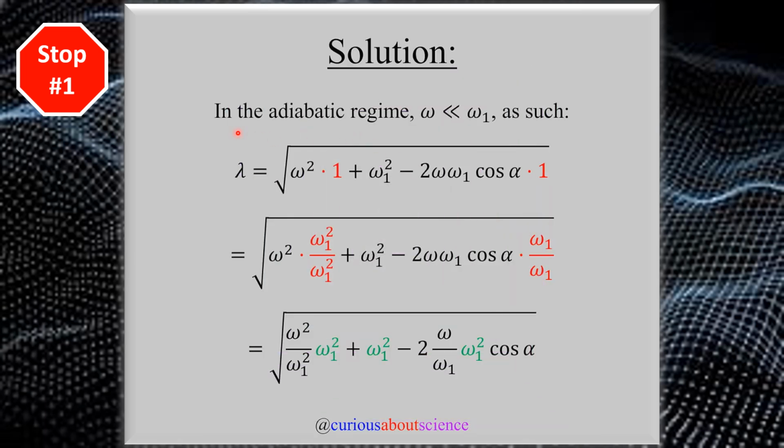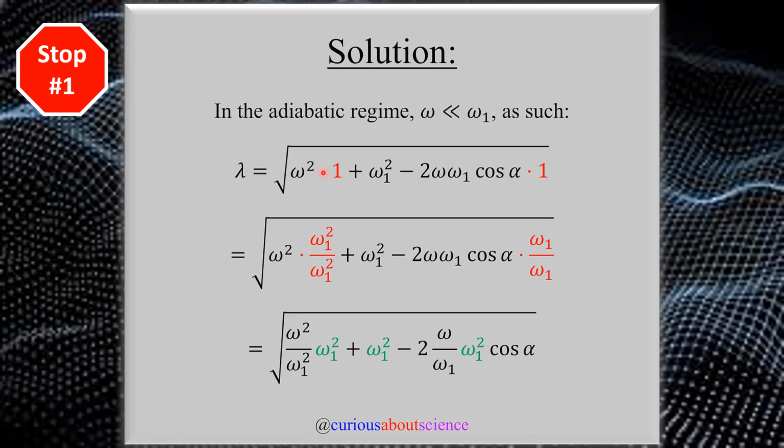With this main result of the adiabatic regime, where omega is much less than omega 1, we look at the time it takes for the electron to do its thing. We see that lambda, which is a phase factor given from the time-dependent Schrodinger equation and its solutions, needs to be expanded in terms of omega over omega 1.